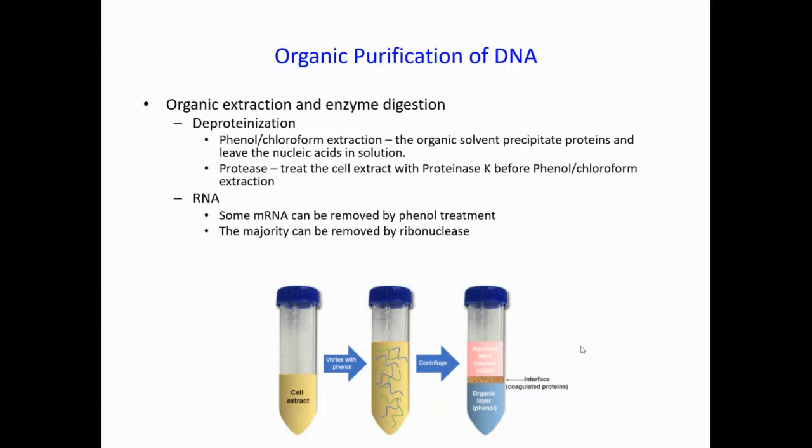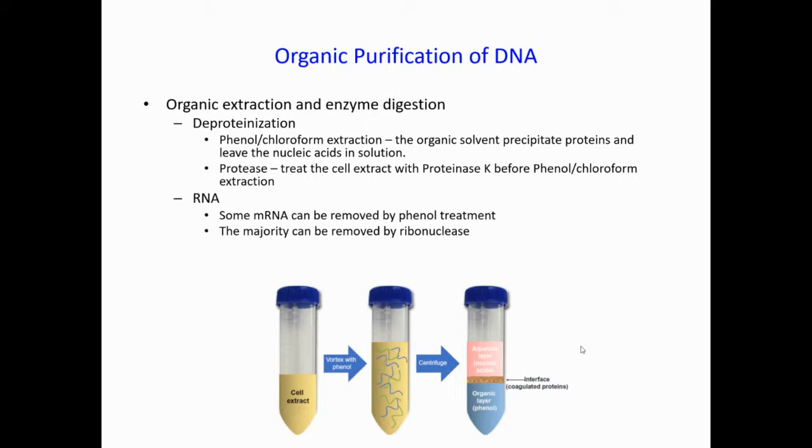The reason you use chloroform after phenol is because chloroform can remove all the phenol residue from the DNA sample. So after the phenol extraction, you add the chloroform to further purify the sample.